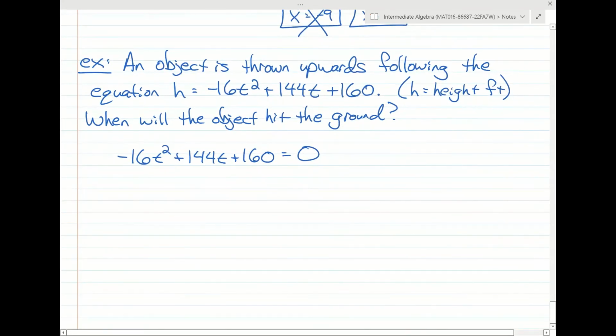Something we could do, we didn't talk about quadratic formula or anything yet, but one thing we can do is factor out a GCF of negative 16.